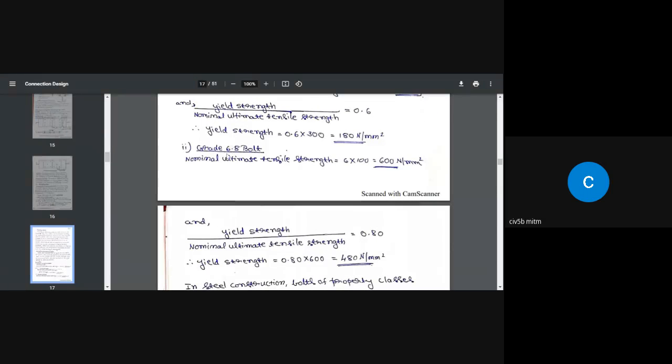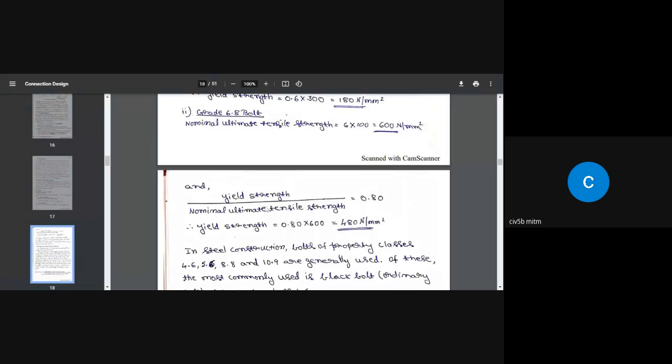If you take this 6 multiplied by 100, that gives the ultimate tensile strength of the bolt, 600 Newton per millimeter square. Then the yield strength is 600 multiplied by 0.8, that is 480 Newton per millimeter square.